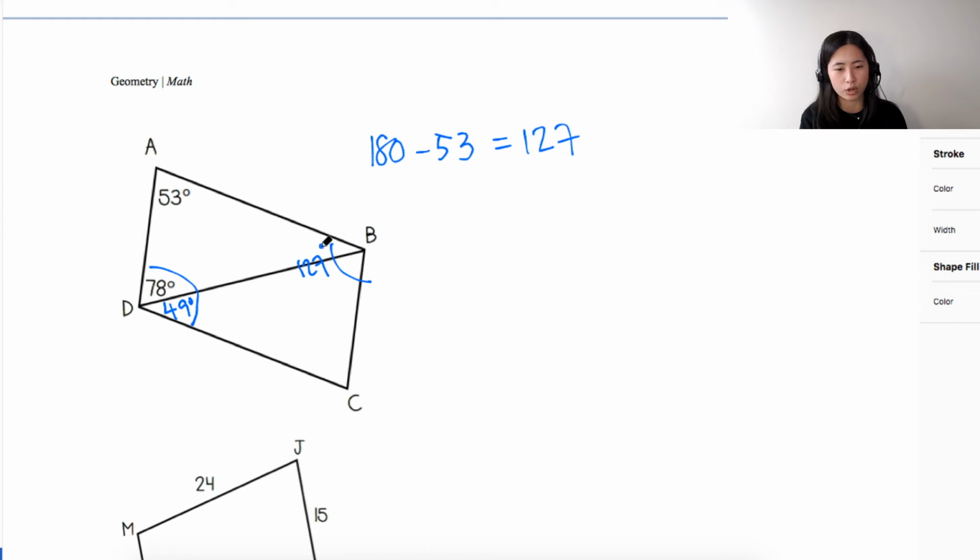If you know that this is 49, then this has to be 49 and this has to be 78, because if you look at this z over here, this is alternate to this. Does that make sense? That's why this is 49. And this angle C over here is actually opposite to 53 degrees. Therefore, you know that this is 53 degrees.